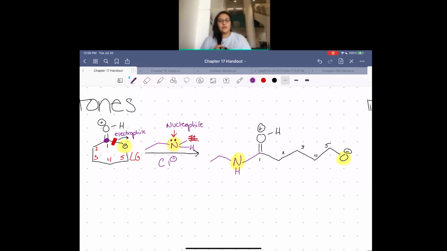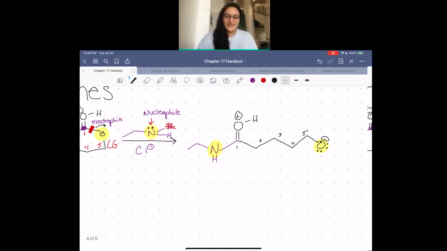I'm saying, what's it called if this oxygen were to steal a hydrogen from this OH plus? Intramolecular something or another. Good enough for me.